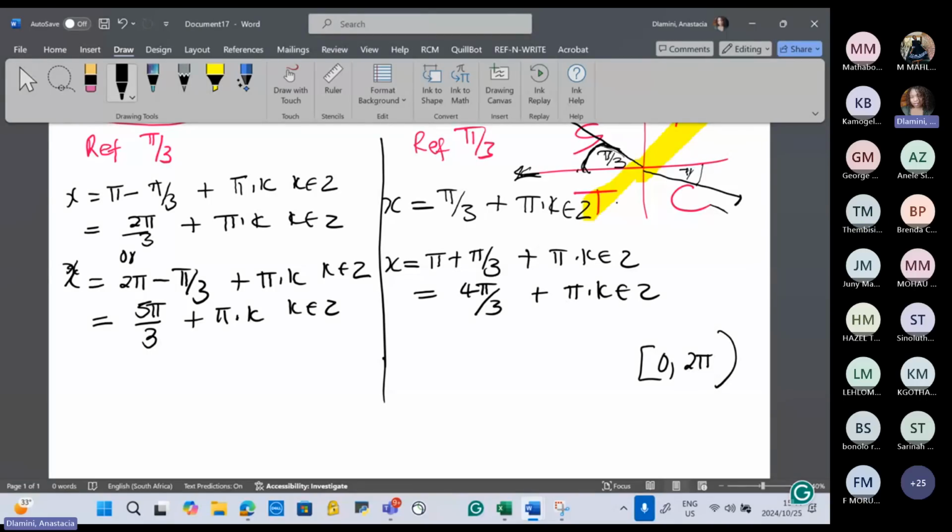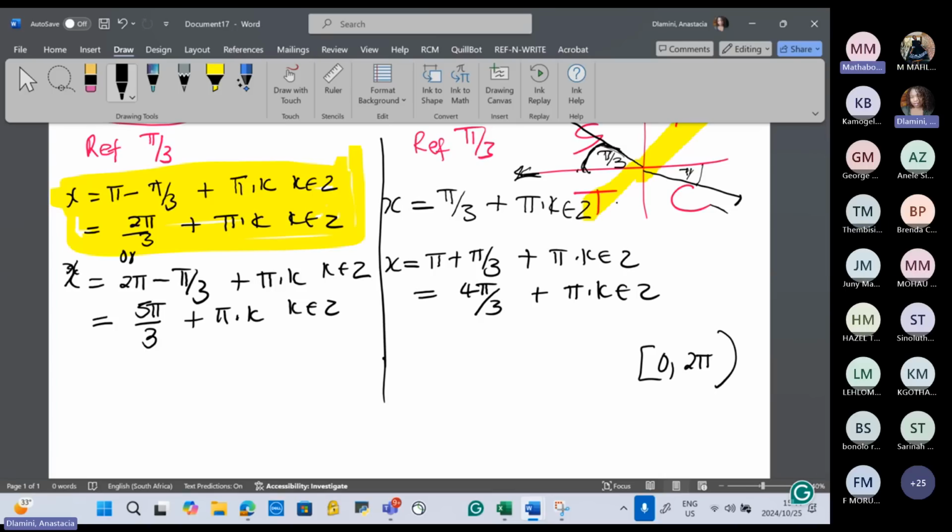Okay, let's start here. Let's choose values of k. Where do we start? What about 0? Yes, 0 is included, we can choose 0 also.